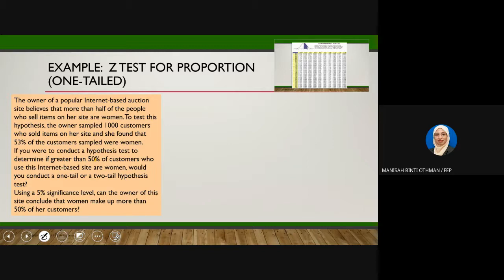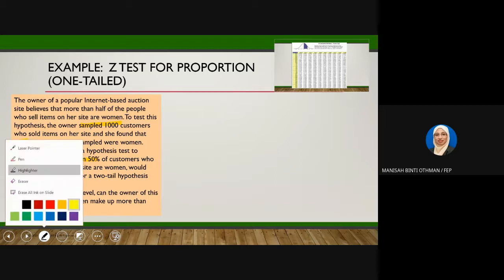Using a 5% significance level, can the owner of the site conclude that women make up more than 50% of her customers? The owner sampled 1,000, and from that you get 53%. They want to test if greater than 50% are women, based on a 5% significance level.